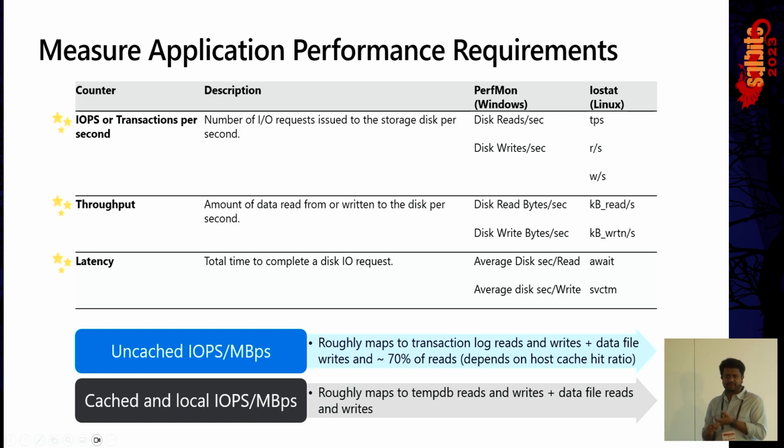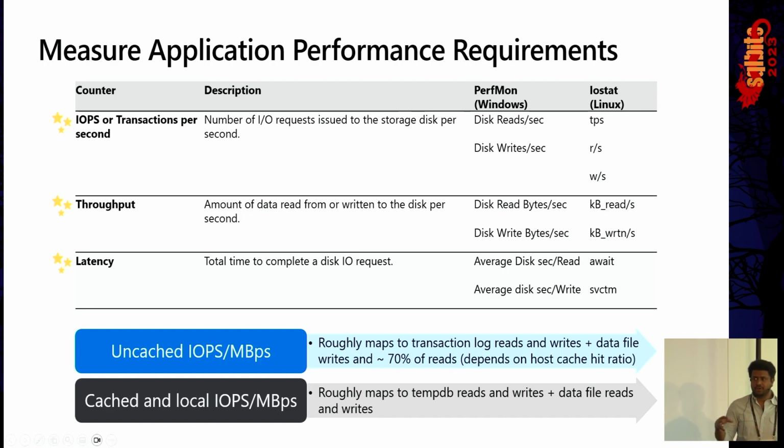The IOPS of the workload will be coming from the perf counters such as disk reads per second and disk writes per second. The throughput of the workload will be coming from disk read bytes per second, disk write bytes per second. And the latency is the average disk seconds per read and average disk seconds per write.